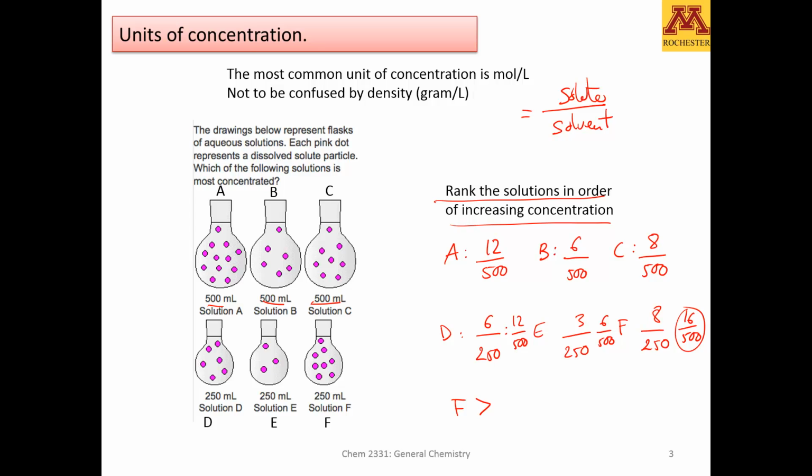It'll be followed by 12, so A and D have the same number, followed by C, and finally you have B that is equal to E. A very simple calculation, but at least it gives you the sense that it's not a question of quantity of solute, it's how much solute you have over solvent.